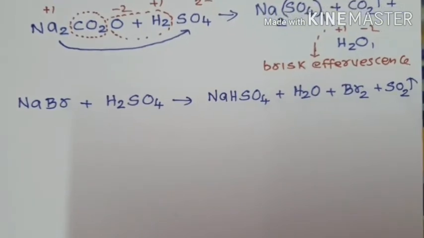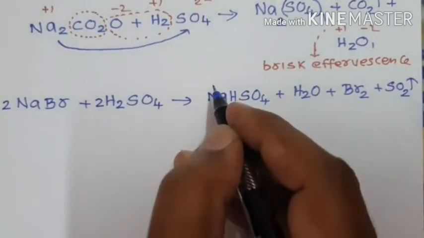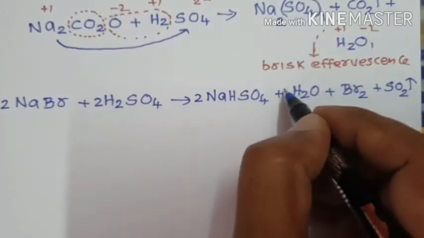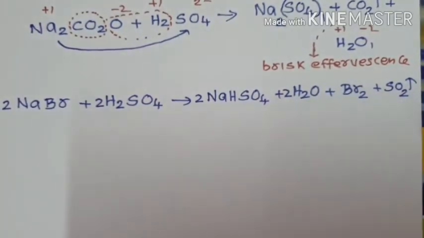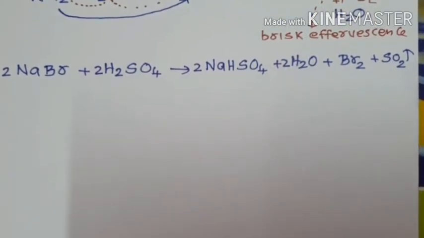Actual balancing we will discuss. Now: 2 NaBr, 2 H2SO4 gives 2 NaHSO4, 2 H2O, 1 Br2 and 1 SO2. How this reaction actually takes place, that we are going to discuss.